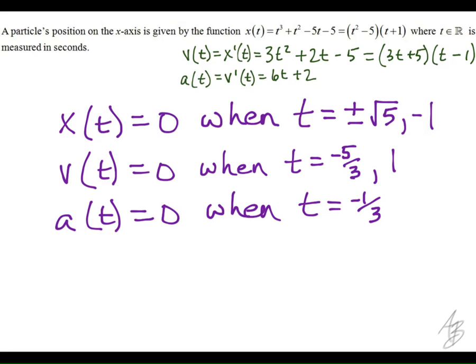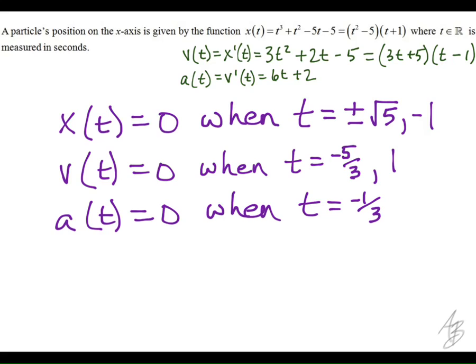In addition to knowing when each of these functions is equal to 0, it's also going to be useful to know when they're positive and when they're negative. One thing that's really useful in this problem is to note that each of these functions is a polynomial, which we know is going to be continuous. And so we know that the sign of each of the functions can only change when the function equals 0.